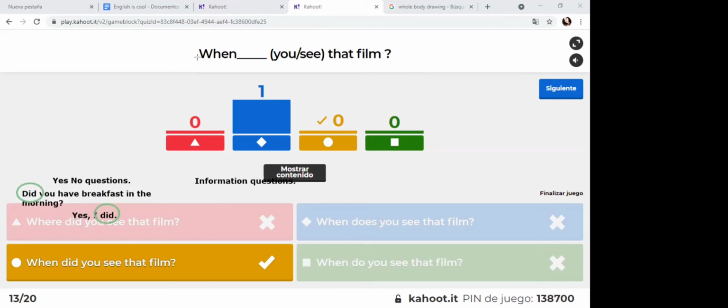Then the information questions are to give more information. For example, what did you eat in the morning?